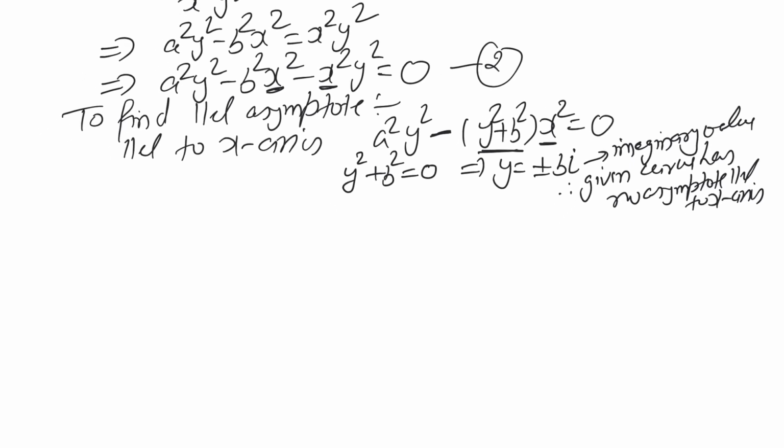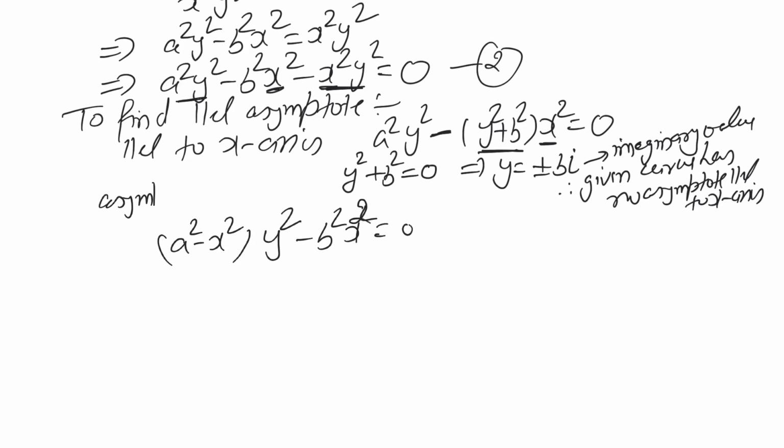In this case, we write equation number 2 by collecting the highest degree in y. Equation number 2 can be written as (a square minus x square) y square minus b square x square is equal to 0. That is the asymptote parallel to y-axis. Then the coefficient of the highest degree in y is equated to 0.